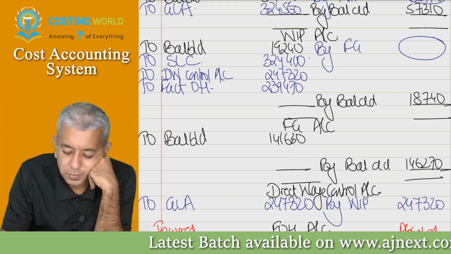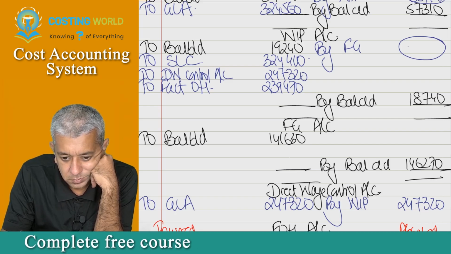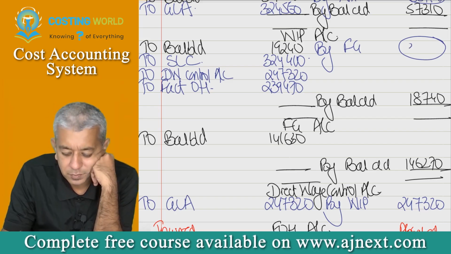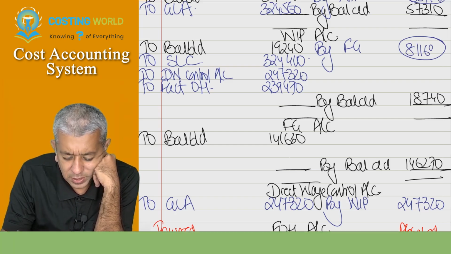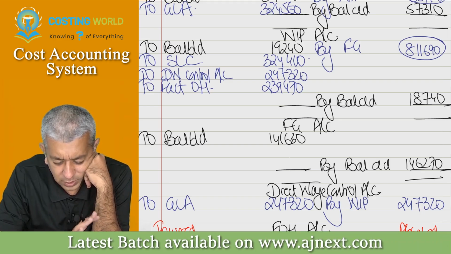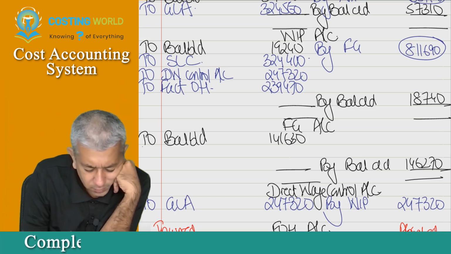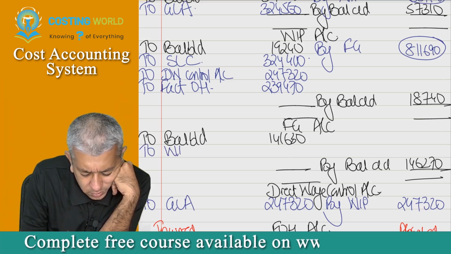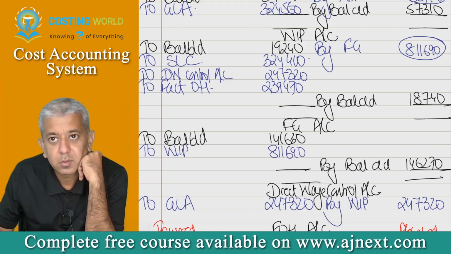It is 811,690. This is correct for everybody. You subtracted 18,740 also, no? Yes, sir. So write down over here, to WIP, 811,690.